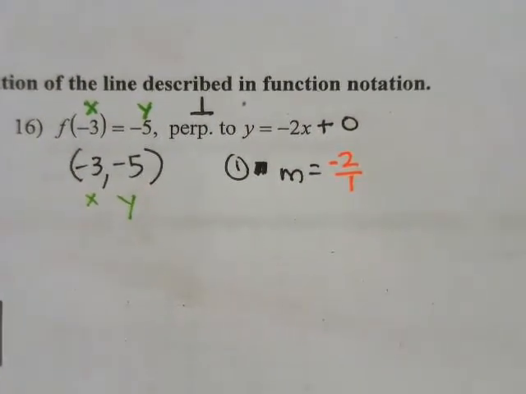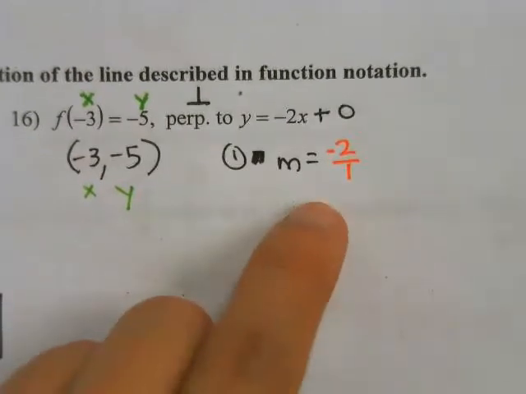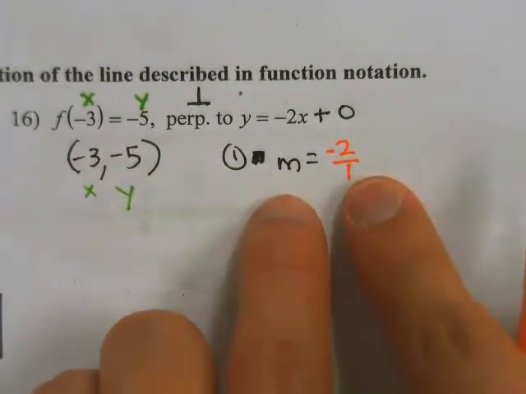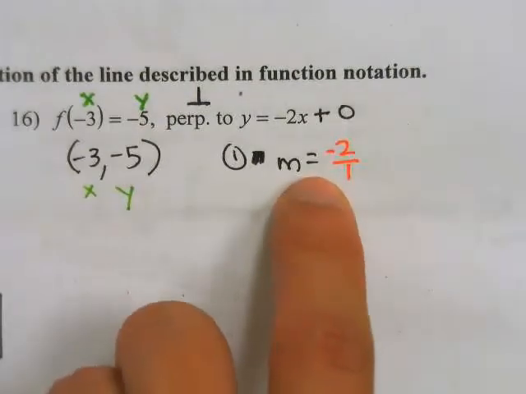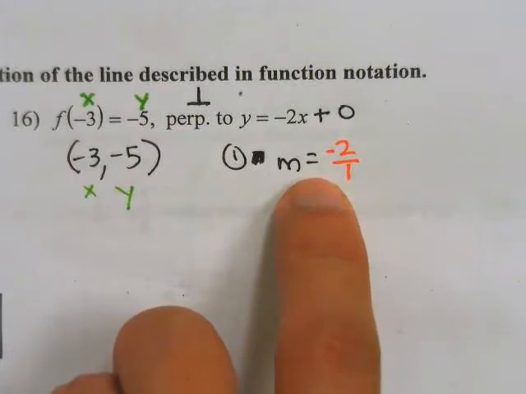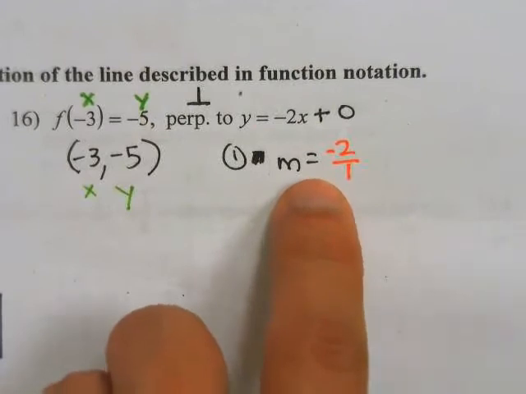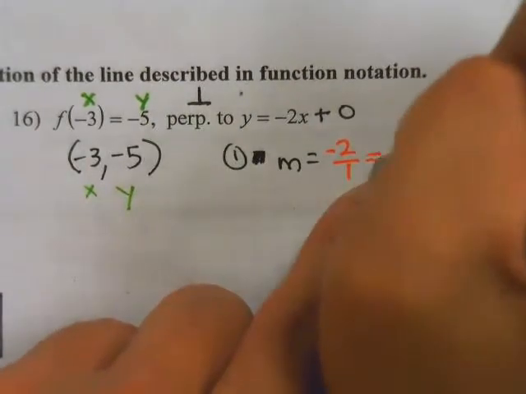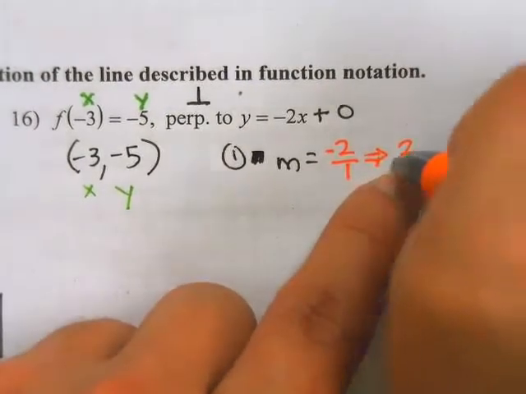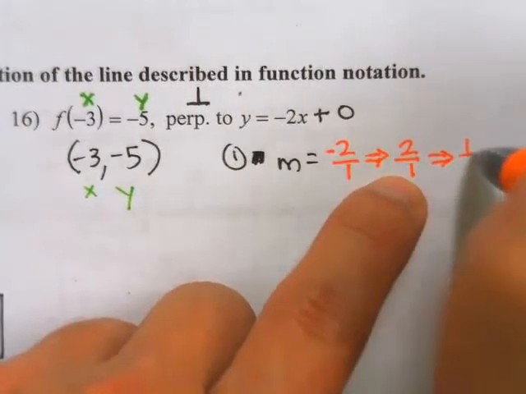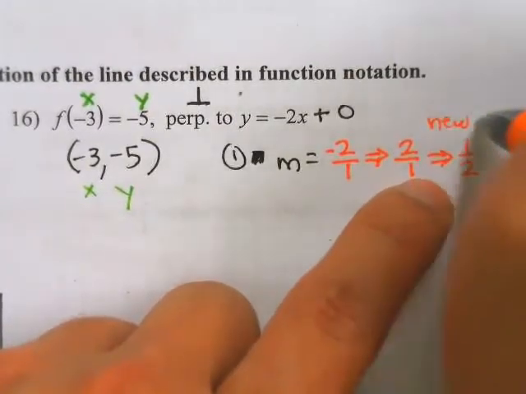But we don't need that piece for right now. For perpendicular, do we grab this negative 2 over 1 or do we do something else? What is that something else? Flip it and make it negative. Negative reciprocal. So a negative negative turns into positive, and flip it around. This is what we need.